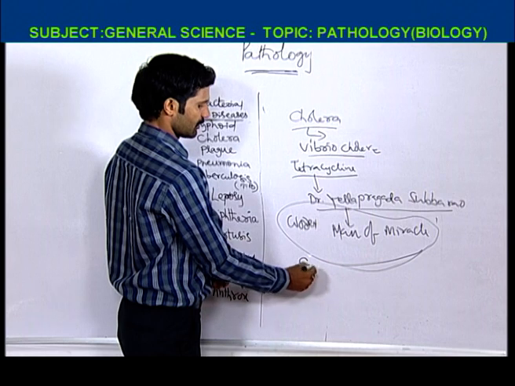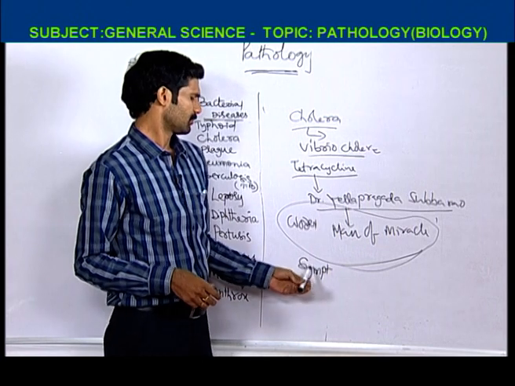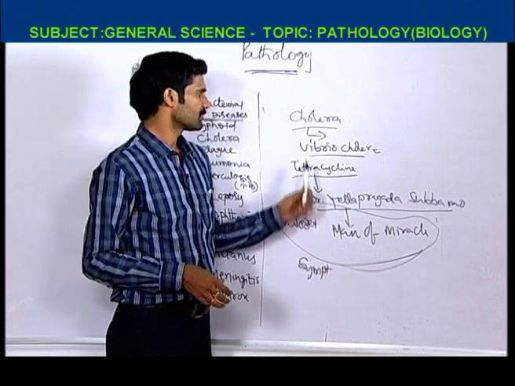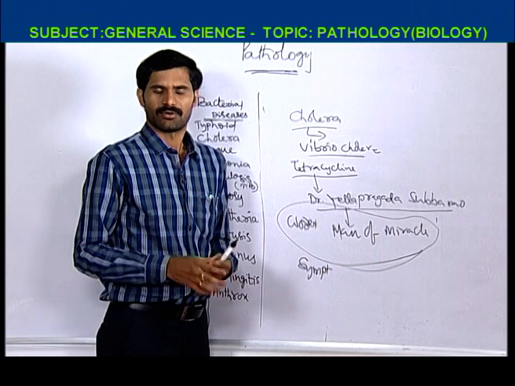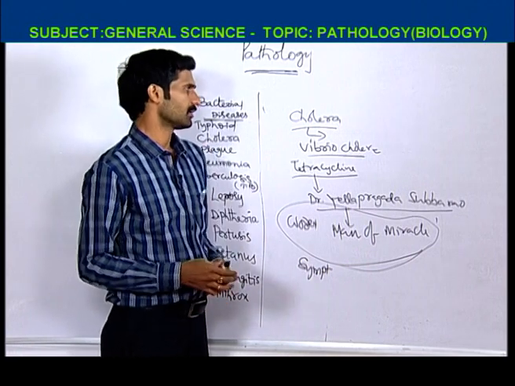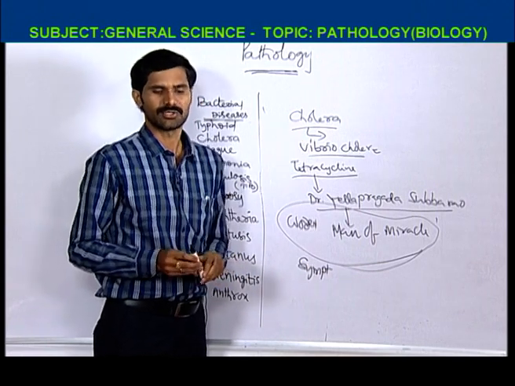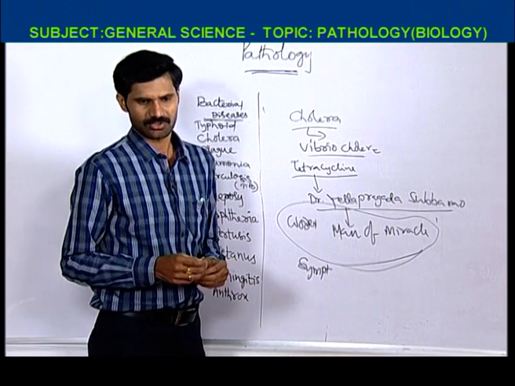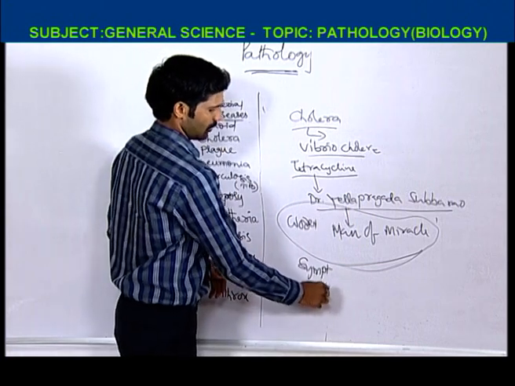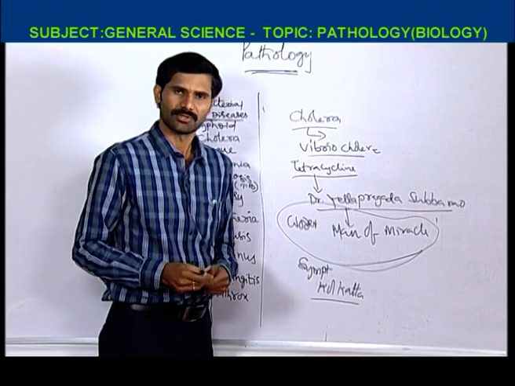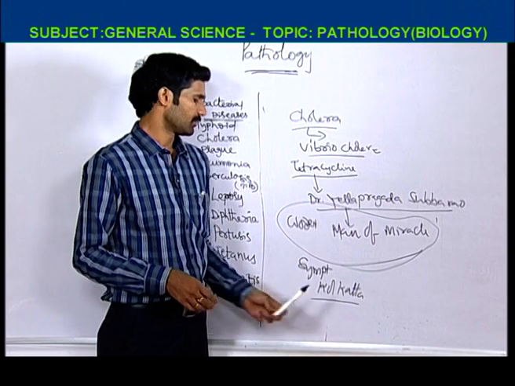So what are the symptoms in cholera? Diarrhea and vomiting are the major symptoms, and other symptoms include nausea, fever, and chills. The cholera related institute, the Institute of Cholera and Enteric Diseases, is located at Kolkata.